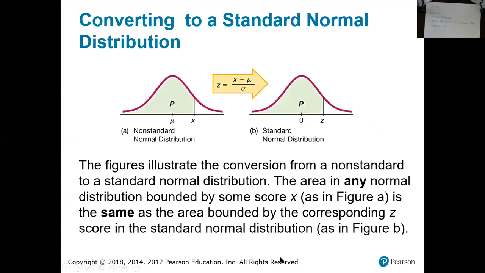A non-standard normal distribution is still a distribution with a bell-shaped curve. However, its mean is not 0; its mean can be some other value than 0. And the standard deviation is not 1; the standard deviation is some value other than 1. However, we can standardize by using this formula.